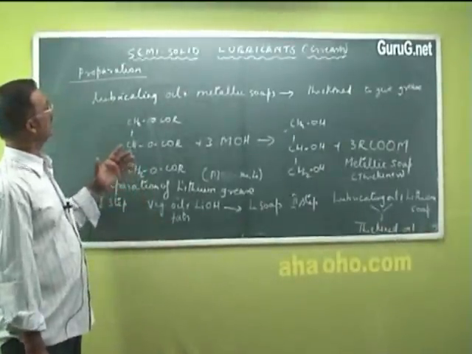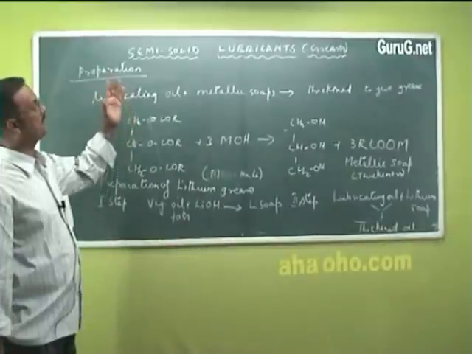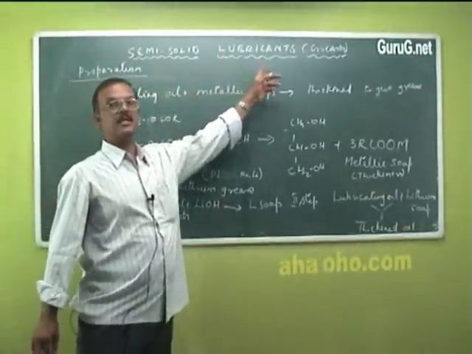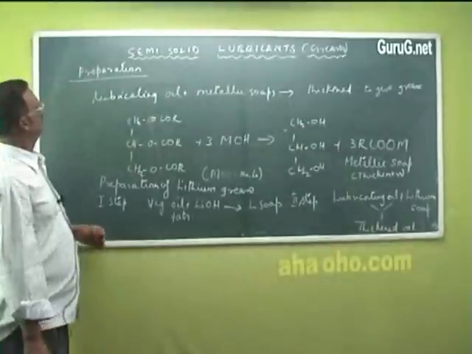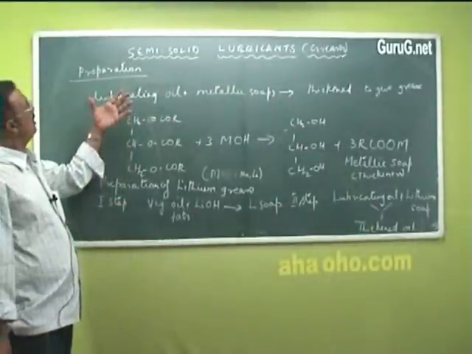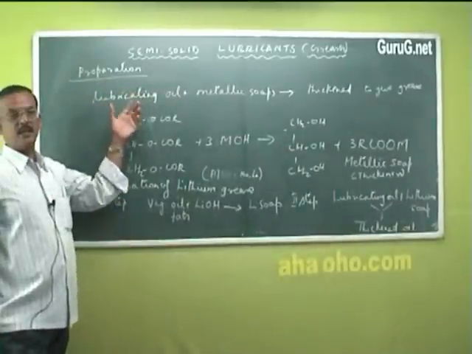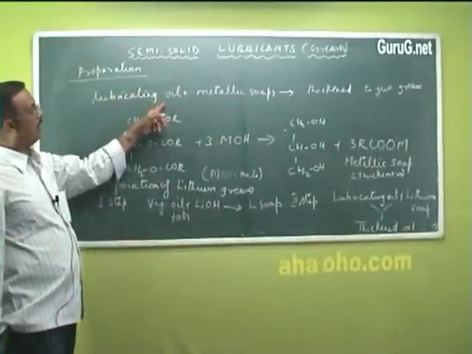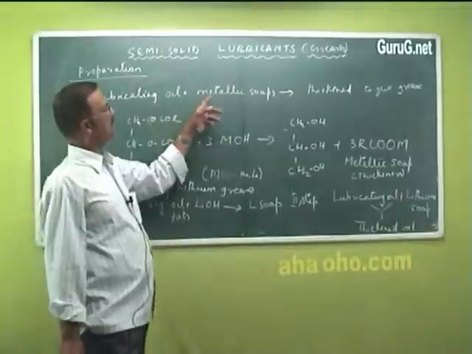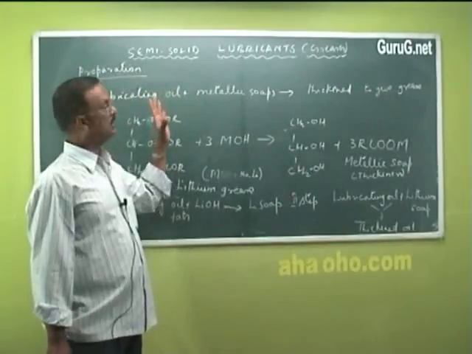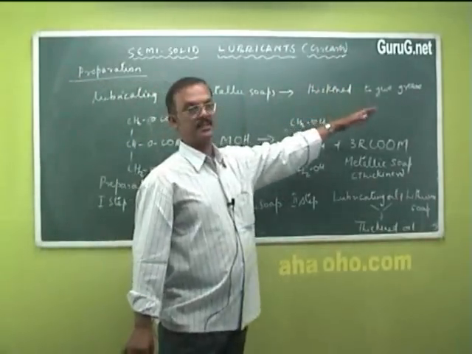The next class of lubricants based on their physical state is the semi-solid lubricants. Example, greases. Now we'll see how these greases are prepared. Actually, the lubricating oil is mixed with metallic soaps and this is thickened to give grease.